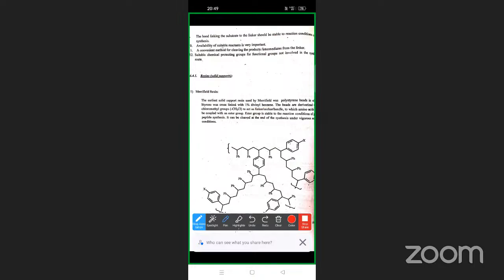So what is styrene here? This is styrene. And this is divinyl benzene, DVB.